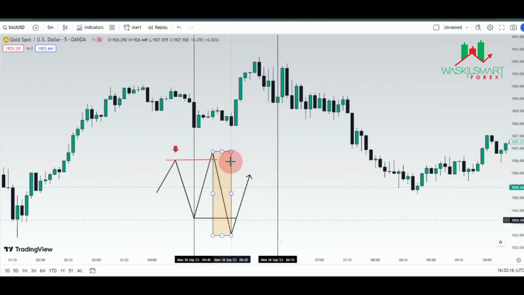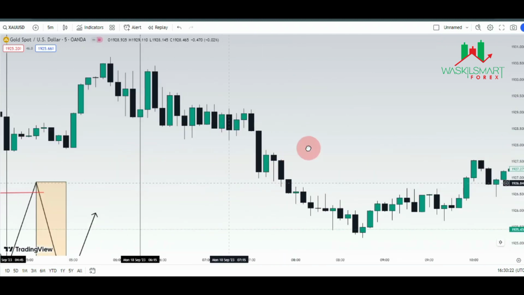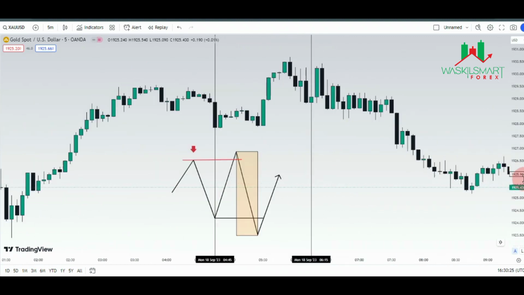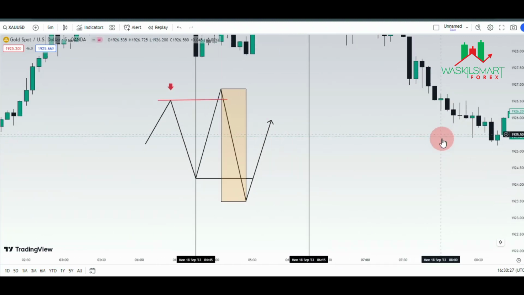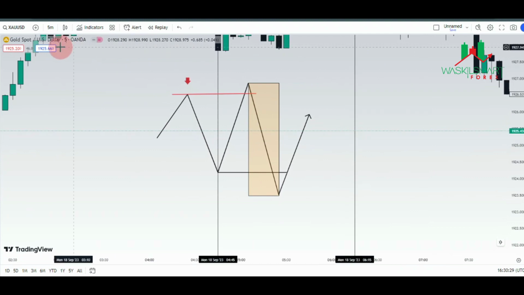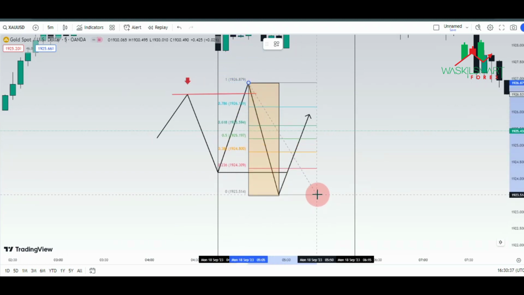When the market took out the liquidity and broke structure, this area is what we call the POI zone. From here, I'm looking for where I want to take my entry. There are two choices we can take from here. The first one is the optimal trade entry, the OTE. You draw your fib from the up to the down, then we take our entry from 0.65, 0.62.